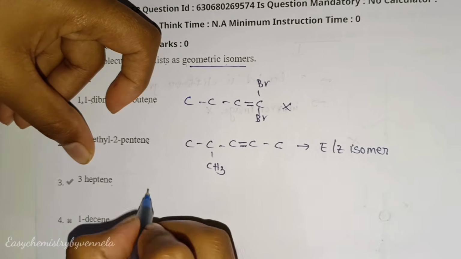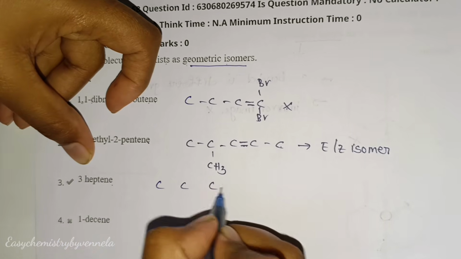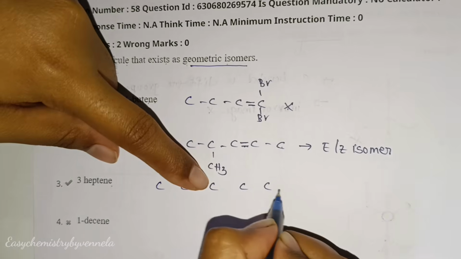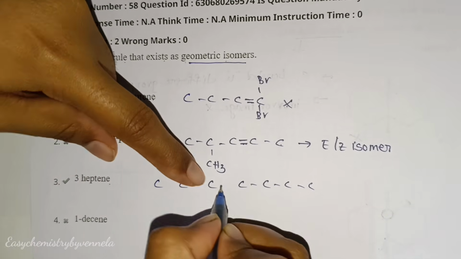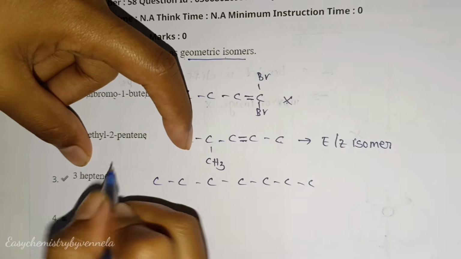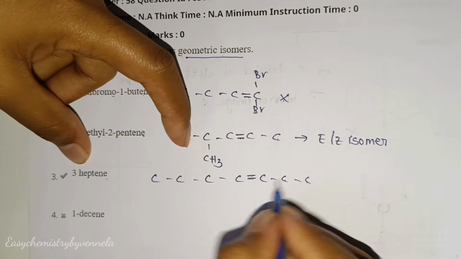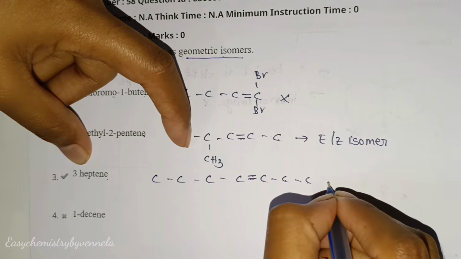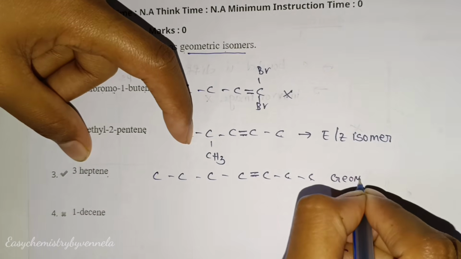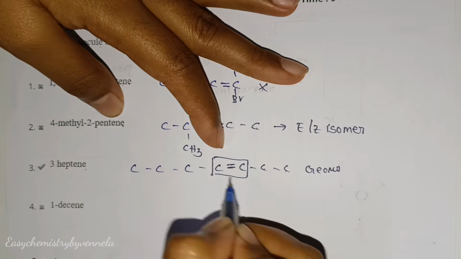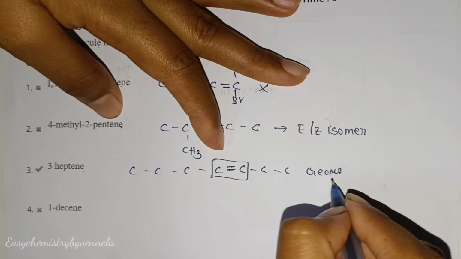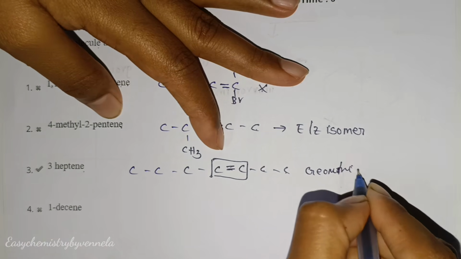Next, 3-heptene. How many carbons? Heptene means 7. 3-heptene, 1, 2, 3. Here it forms the geometrical isomer. This is the double bond and it forms the geometrical isomer.